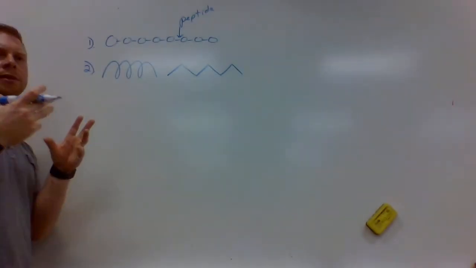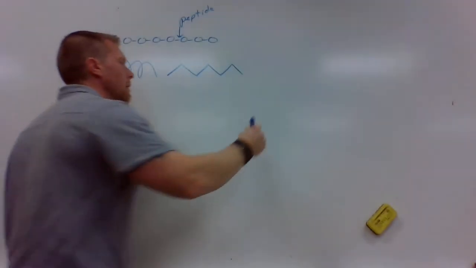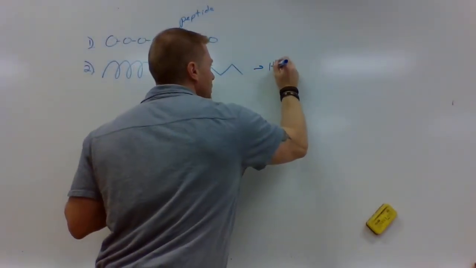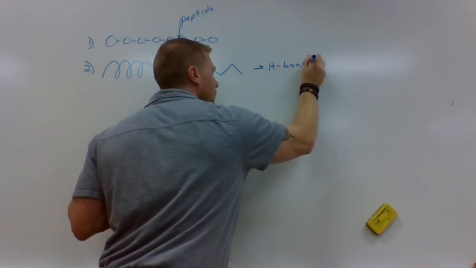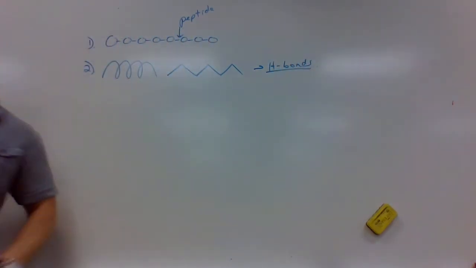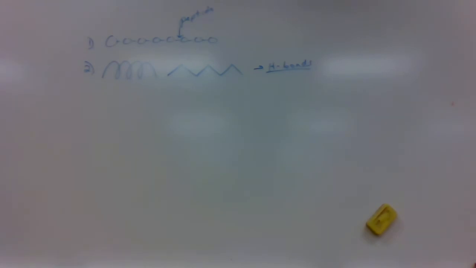So the hydrogen bonding is going to cause the sequence of amino acids to be bent and twisted in different ways. So the secondary structure is going to be due to the formation of hydrogen bonds, creating either alpha helixes or beta pleated sheets.